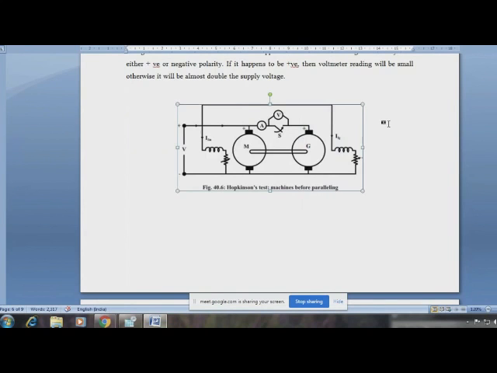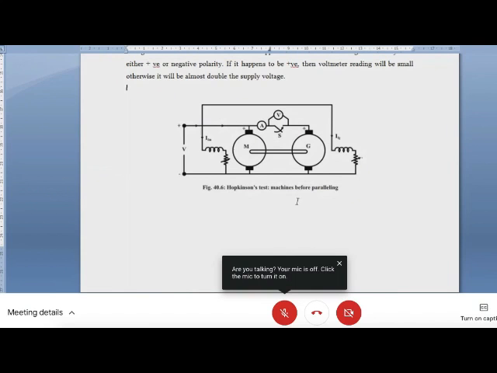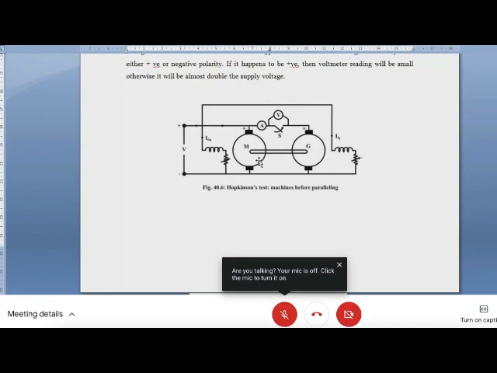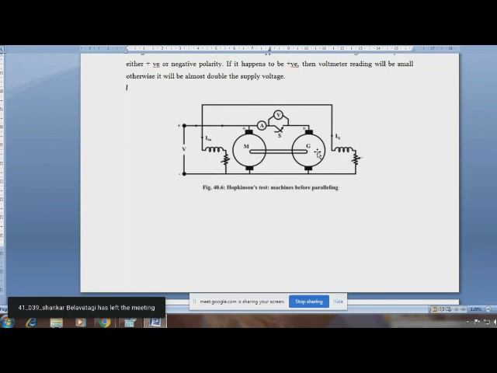Yeah. When we do the test, there are two steps to be followed. In the first step, we have to ascertain and confirm that the two machines are in parallel, and that is done by using a voltmeter connected across the switch here. I'm referring to the figure. So when we apply voltage and run the motor, in turn the generator, both the machines will run now, and hence this motor will develop a back EMF while generator will develop an induced EMF.